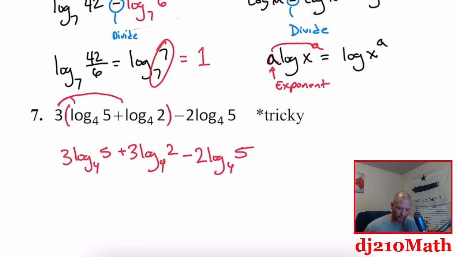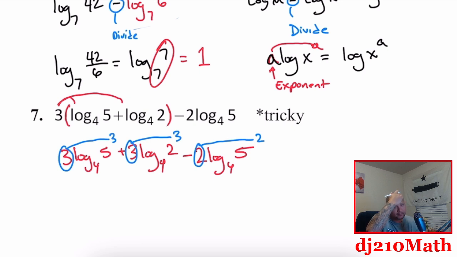Now we look and see, are there any exponents? Yes, there are. Each one of these is going to have an exponent. That's going to be a 3. That's going to be a 3. Here's a 2. Okay, so depending on who you talk to, some people like to bring up the -2. I just like to bring up the number.